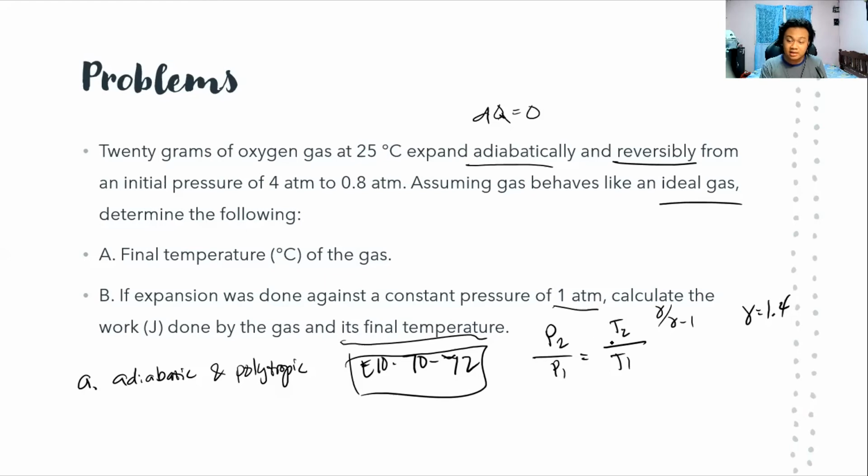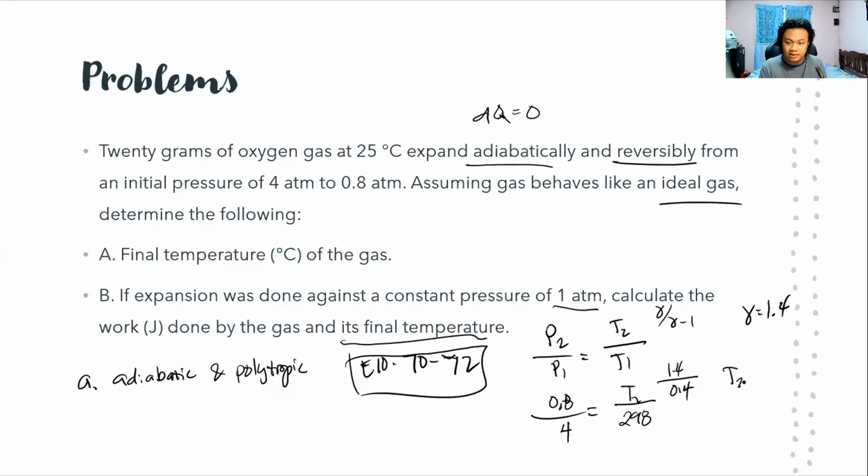So we are to find the T2, right? P2 is equal to 0.8, and we have our P1 of 4. T2 is what we are finding, the first temperature is 298, and then 1.4, and then we have 0.4.